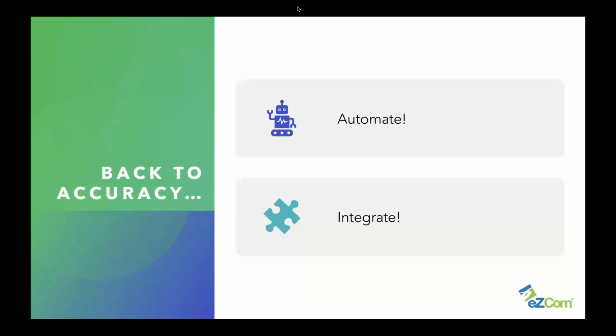At eZCom, our software has a way of comparing what was sent yesterday with what was updated today, and then creating an 846 that has just the changes. For some of our customers, this means the difference of sending an 846 for several thousand items or an 846 with just a few hundred. And this can make a huge difference on cost.